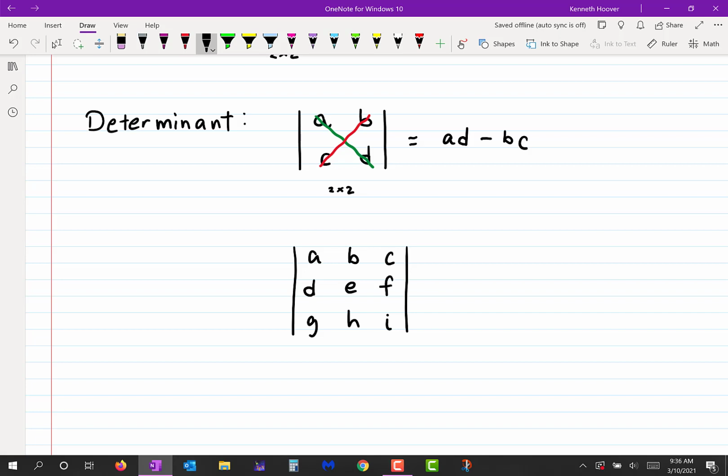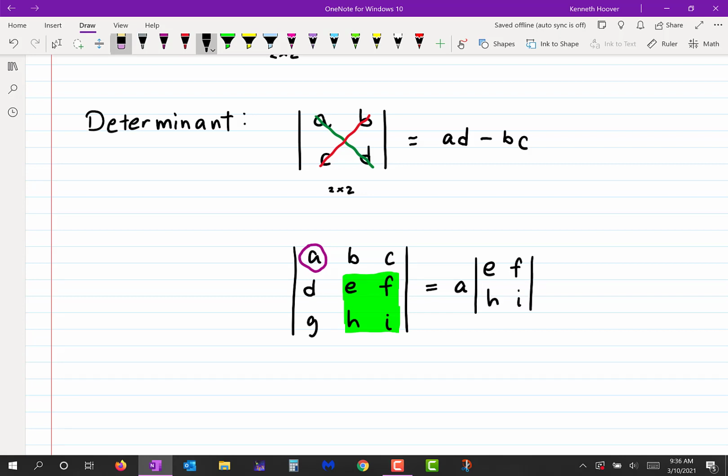One way is to do this. You take A times the determinant of this 2 by 2 corner. So that would be A times the determinant of the matrix with EF, HI.